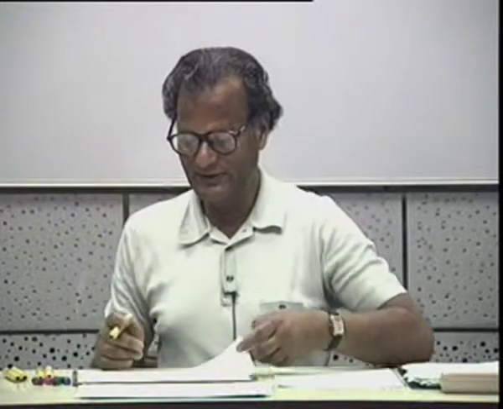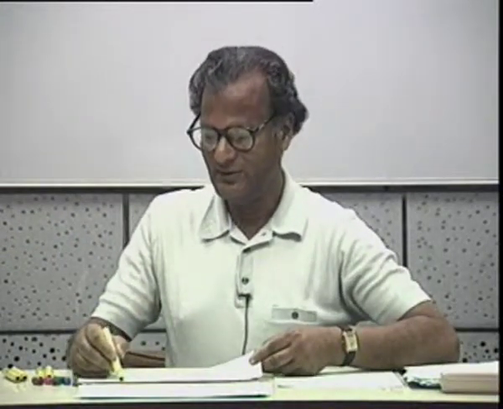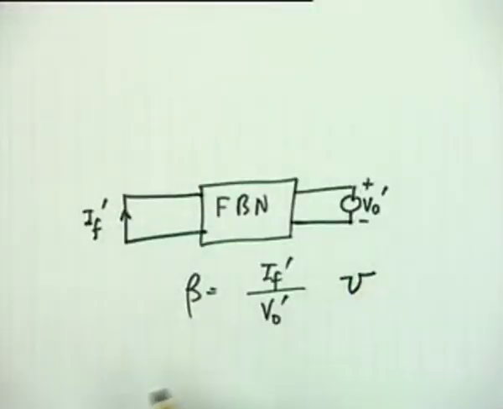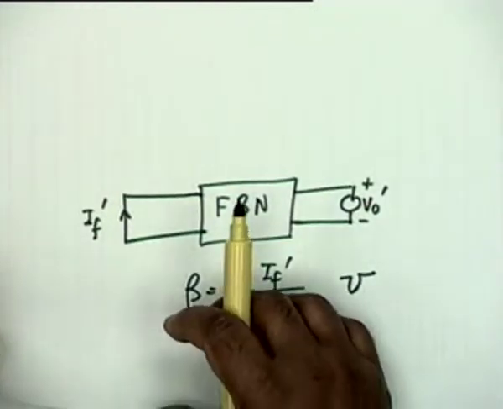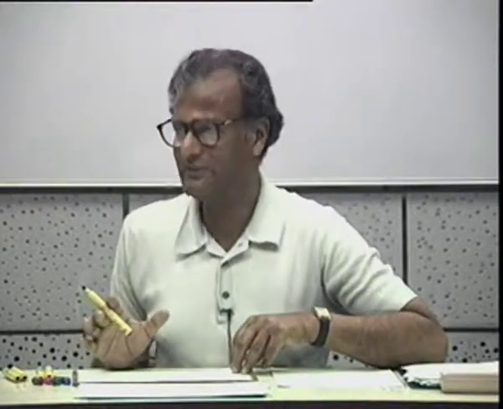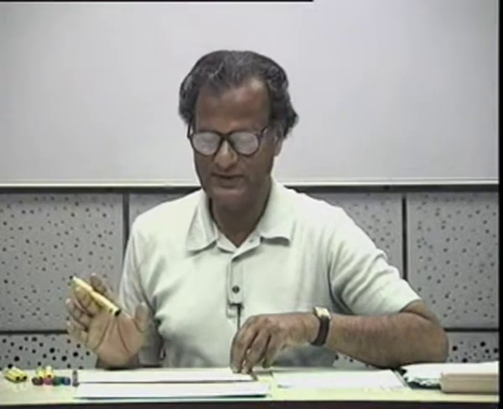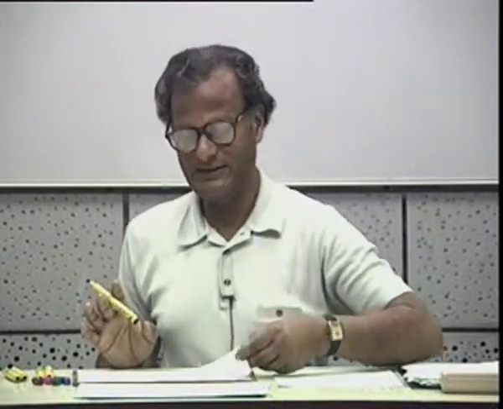Does this check here? A here is in ohms and beta is in mhos. They have to be reciprocals of each other. If they don't, then you must have made a mistake. The critical point is the identification of the feedback. Once you identify the feedback, nothing else is needed.